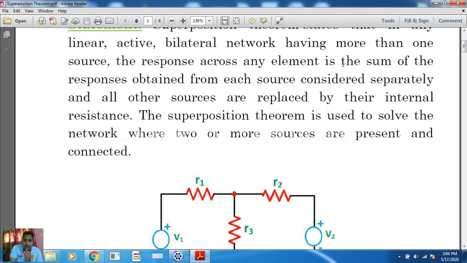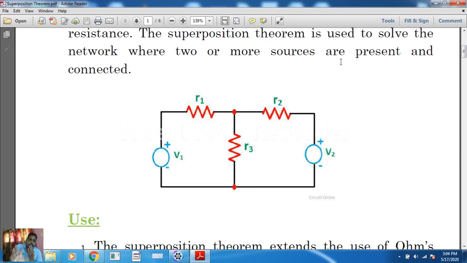Now we have to go further. For your understanding, I have considered a circuit which contains two voltage sources and three resistors. There are two sources, V1 and V2.